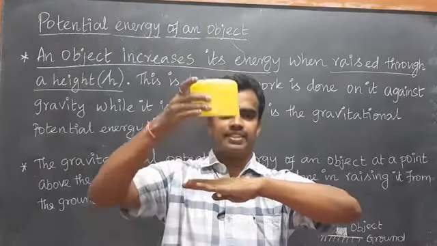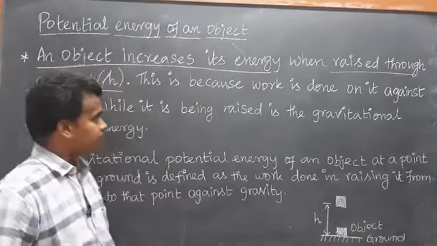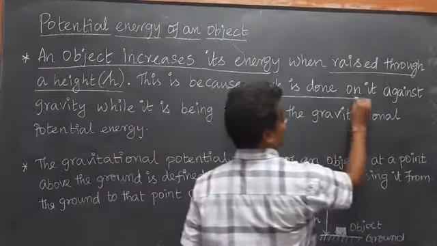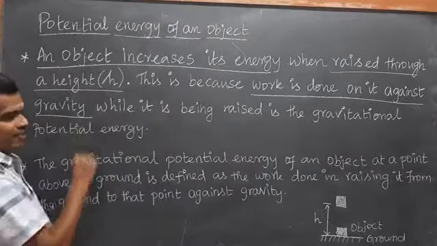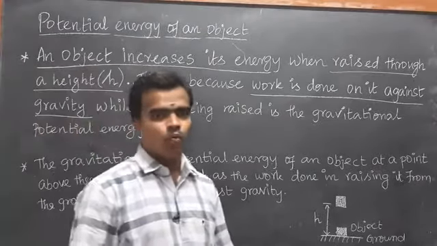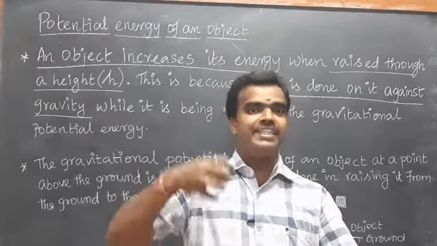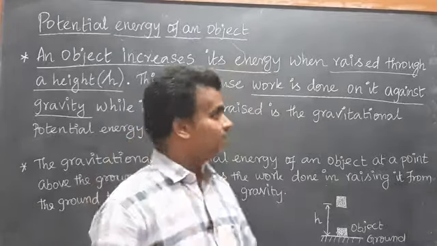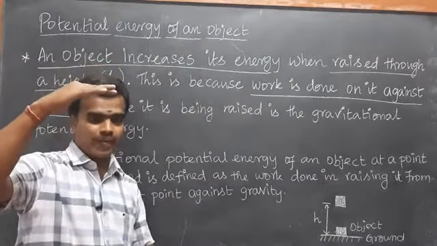If the height increases, the potential energy also increases. This is because work is done on it against gravity. We do work against gravity to pull that object to a particular height. That is why its energy increases when we raise it through a height, right?